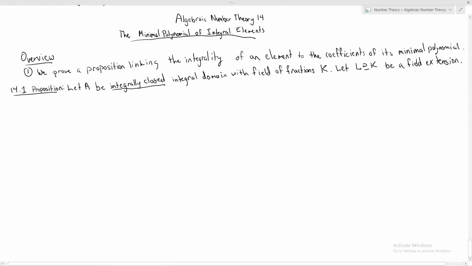Now the proposition basically tells me how to check if alpha in L is integral over A. Alpha in L is integral over A if and only if, I guess first you need to know that alpha is algebraic.